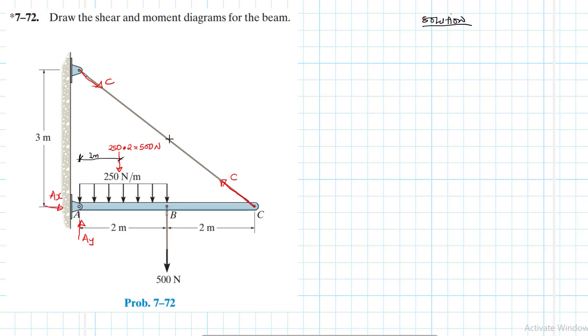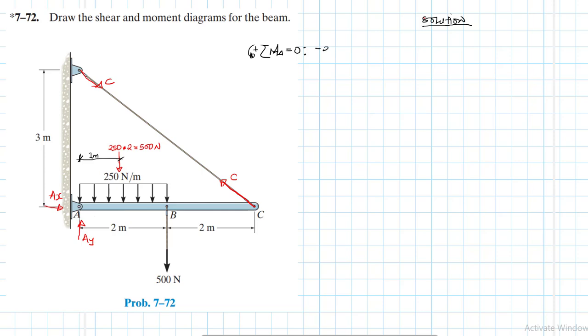So let's find the support reactions quickly. We have the summation of moments about point A equal to 0, with clockwise being our reference positive.